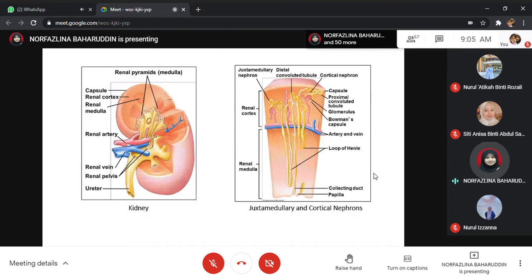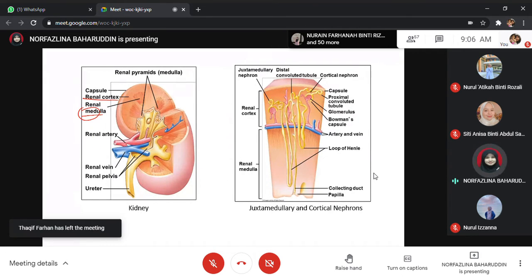So yang ni tengok gambar terus dah kot. I'm sure you dah kenal dah, renal cortex, bahagian outside dia, and then renal medulla, middle. So, jangan buat mistake benda-benda macam ni, make sure you kenal structure dia, and of course, setiap organ is supplied with blood.